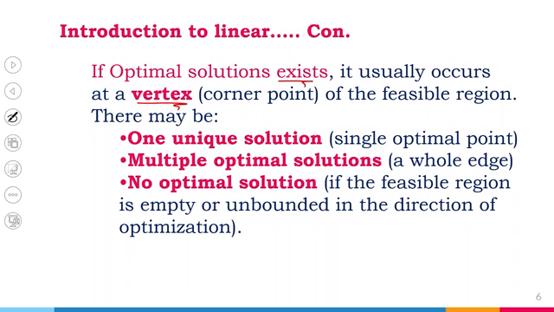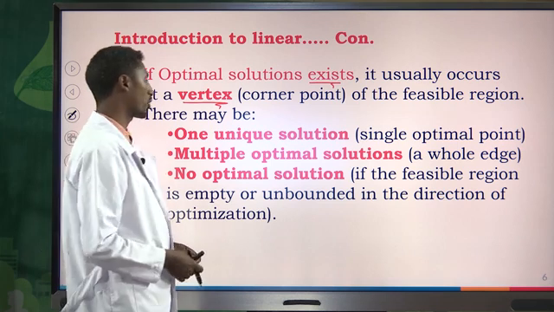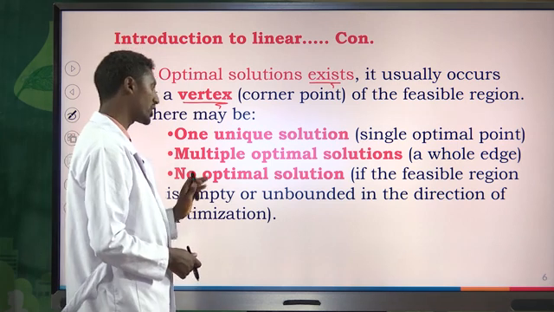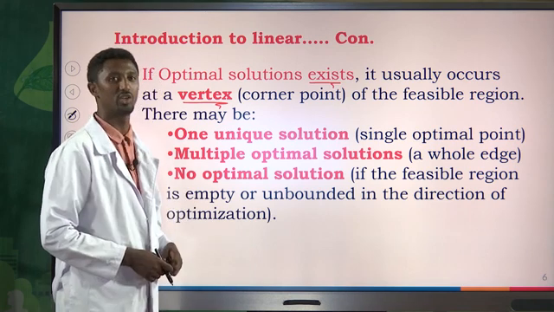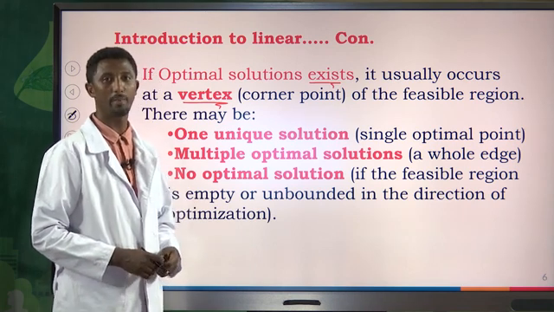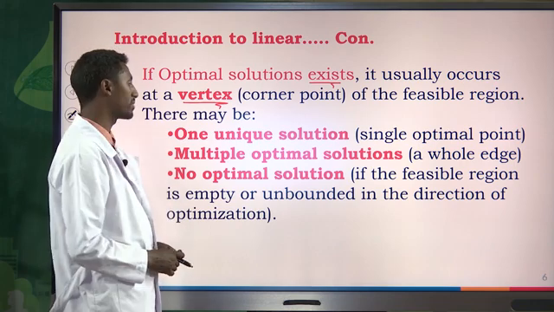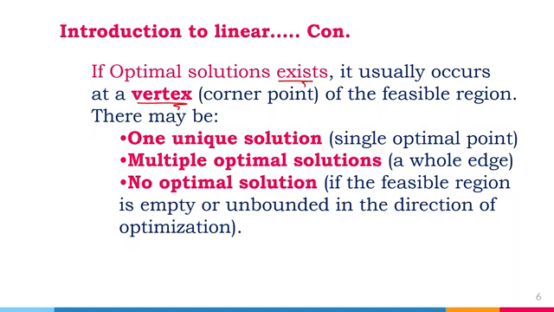It may be a whole edge, and there may also be no optimal solution. A given linear programming problem may have no optimal solution if the feasible region is either empty or unbounded in the direction of optimization. If it is a bounded feasible region, it must have an optimal solution. If it is bounded, then a given linear programming problem will have both a maximum and minimum value.